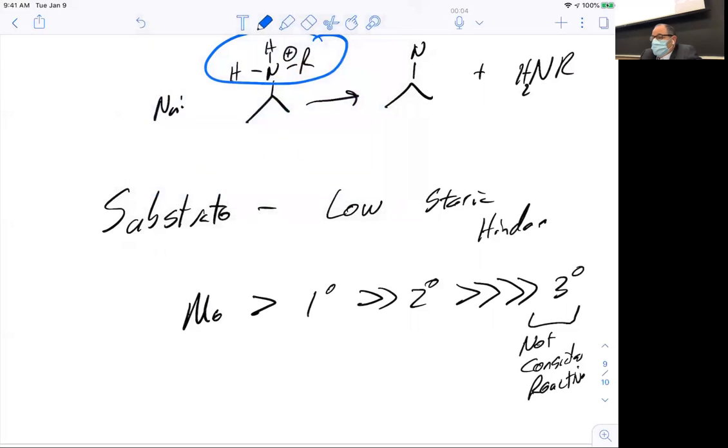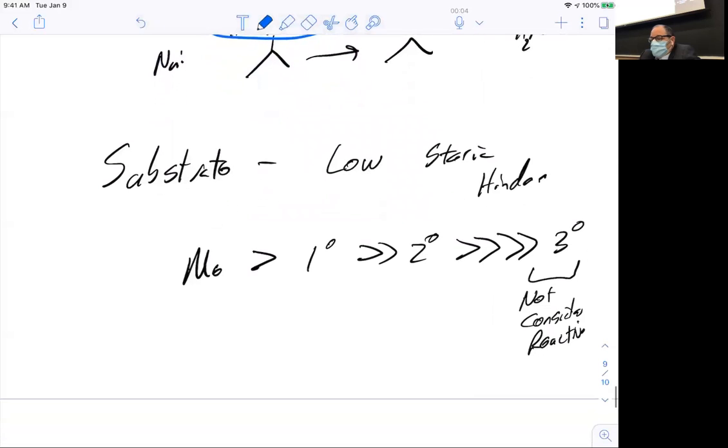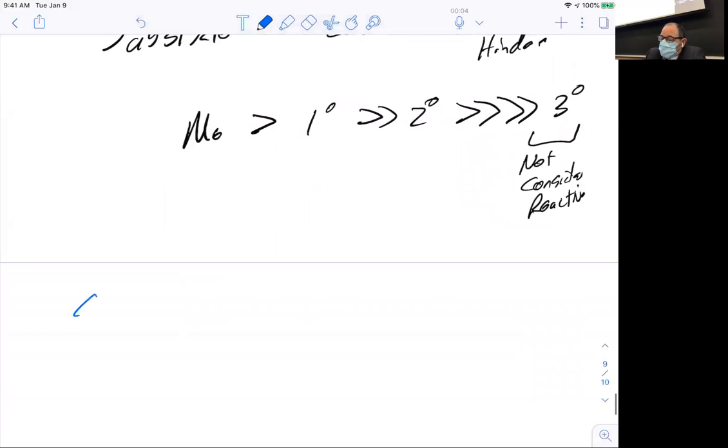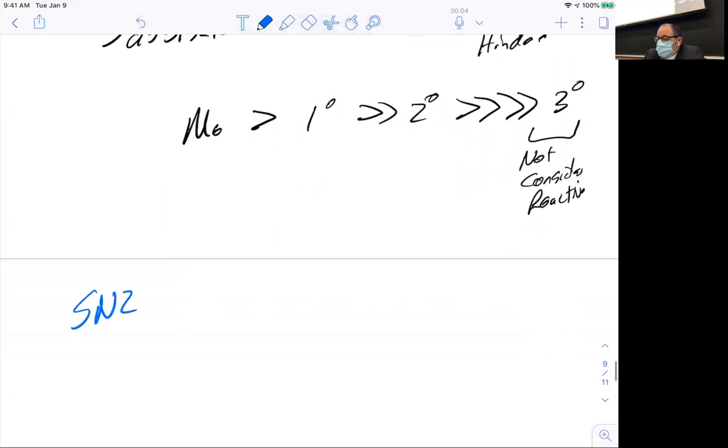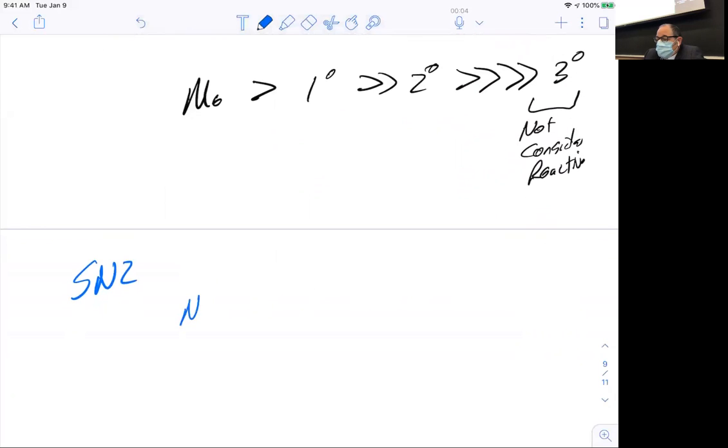So one of the things you want to think about when you're looking at these is putting all this together and comparing. So when we look at an SN2 reaction, the nucleophile is going to react with the electrophile and the leaving group.